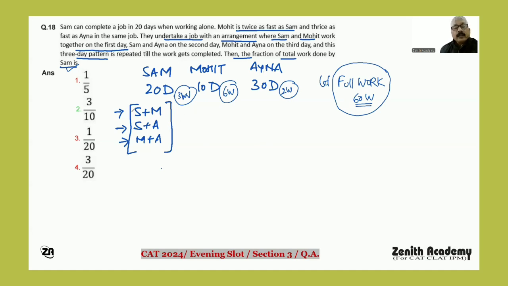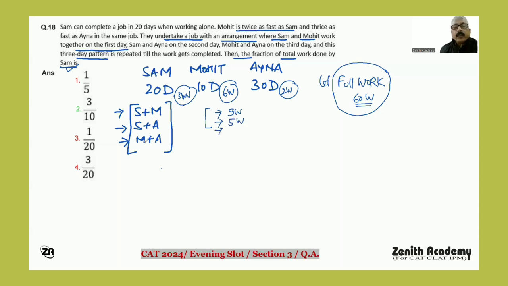Now, the condition is this 3-day pattern is repeated. Okay. So let us take the first 3-day interval. In the first 3-day interval, Sam plus Mohit will finish 3 plus 6, 9 work. Then second day, Sam plus Aina, 3 plus 2, 5 work.